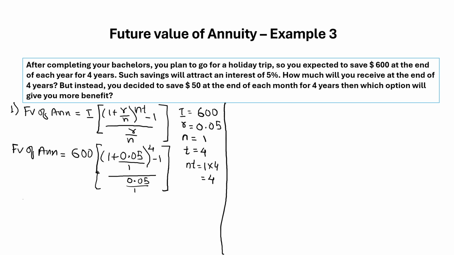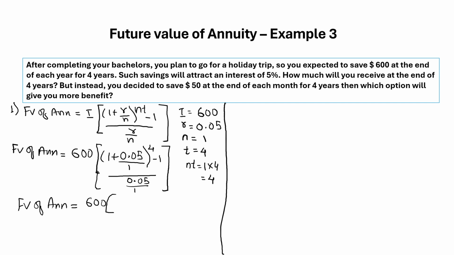Now again, as I told you, calculate the numerator, which is on the top. 600 will be as it is, into bracket 1 plus 0.05 divided by 1, bracket close, power of 4 minus 1.